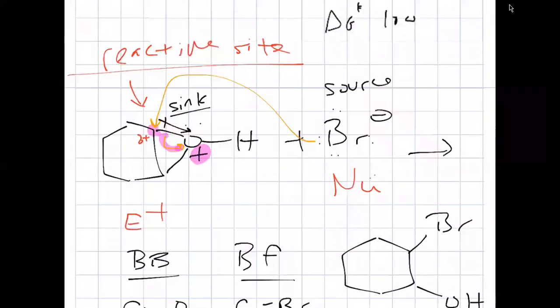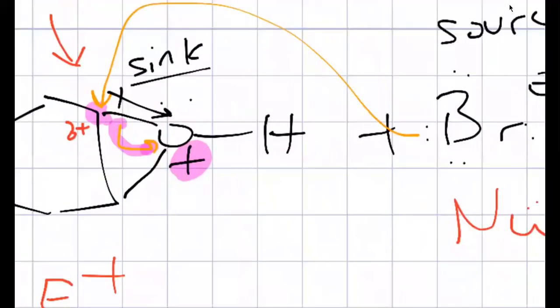So what type of bond breaking is this right here? When I broke that CO bond, is that homo or heterolytic? Are both electrons in that bond going to one atom? Yes, they are. So it's hetero.